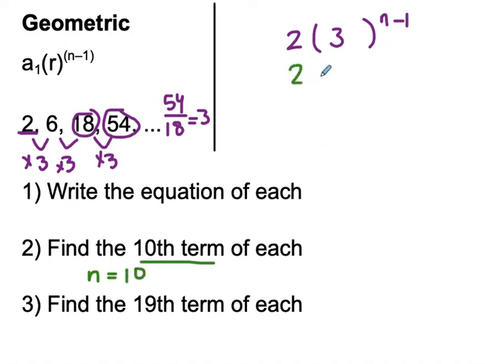So I'm going to have 2 times 3 raised to the 10 minus 1. We want to simplify this exponent before we move forward. So I'm raising 3 to the power of 9. That comes first before we multiply. 3 to the power of 9 is going to give us this nice big number.